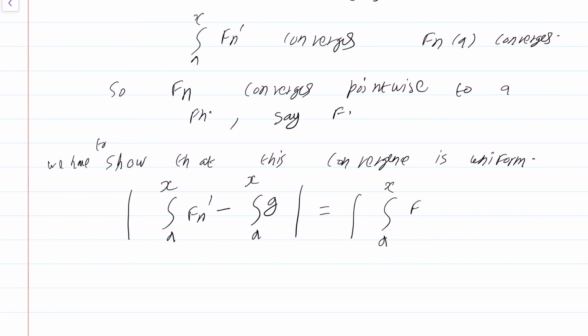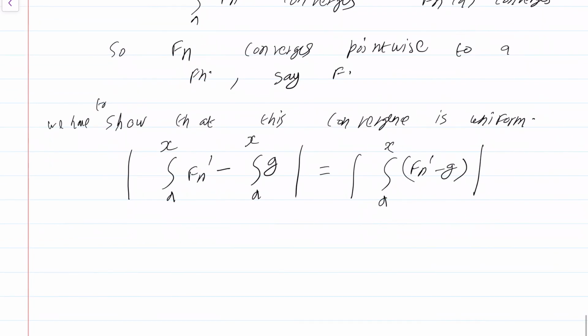This is just linearity of the integral, and this is less than or equal to, by the same basic argument that we have used before, (b minus a) times the norm of f_n' minus g.